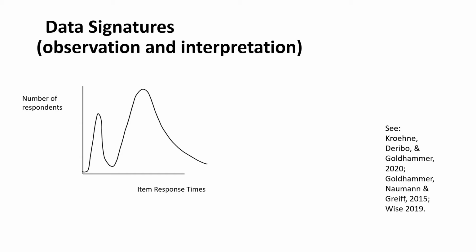But you can also get rapid responses from people who are very knowledgeable about a topic and can get the answer really quickly in comparison to everybody else. So I think it's important to disaggregate that data and to look at the proportion of people who get items correct. Of course, when it's multiple choice, you might argue that a certain proportion of people are going to guess it correct anyway, and so it's not necessarily an informed answer.